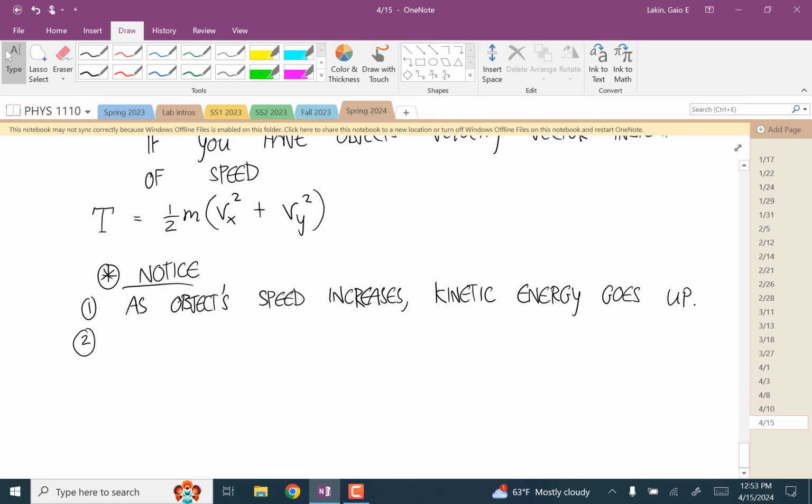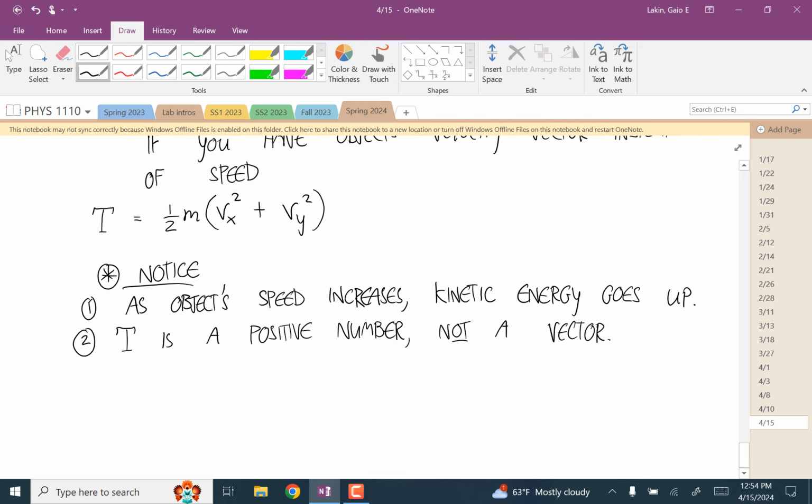The second one is, notice that this is not a vector. So kinetic energy is a positive number, not a vector.